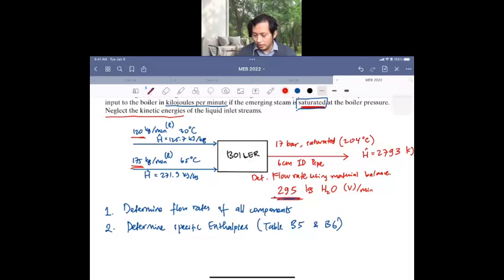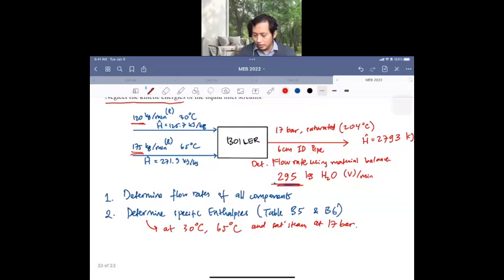So determine at 30 degrees Celsius, 65 degrees Celsius, and saturated steam at 17 bar. And this correlates to 204 degrees Celsius.